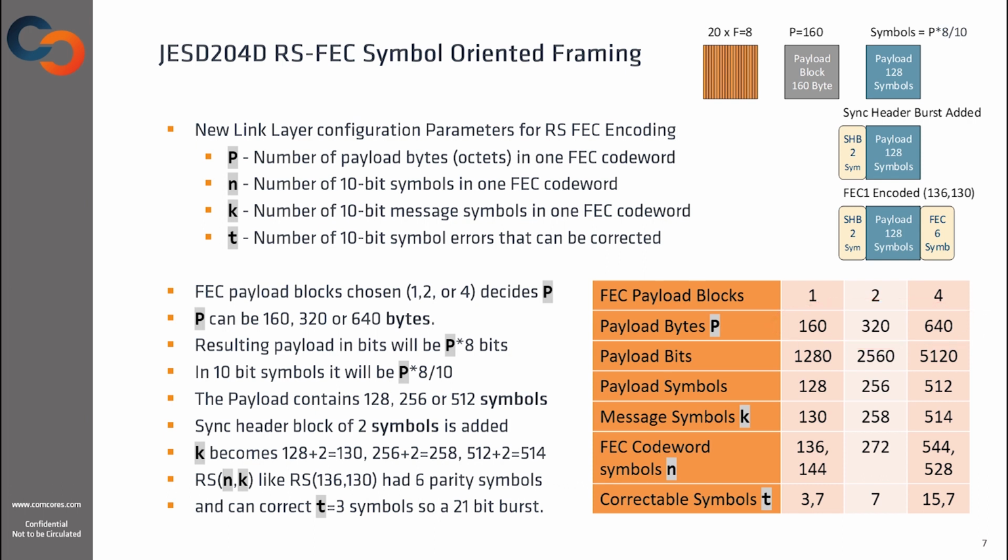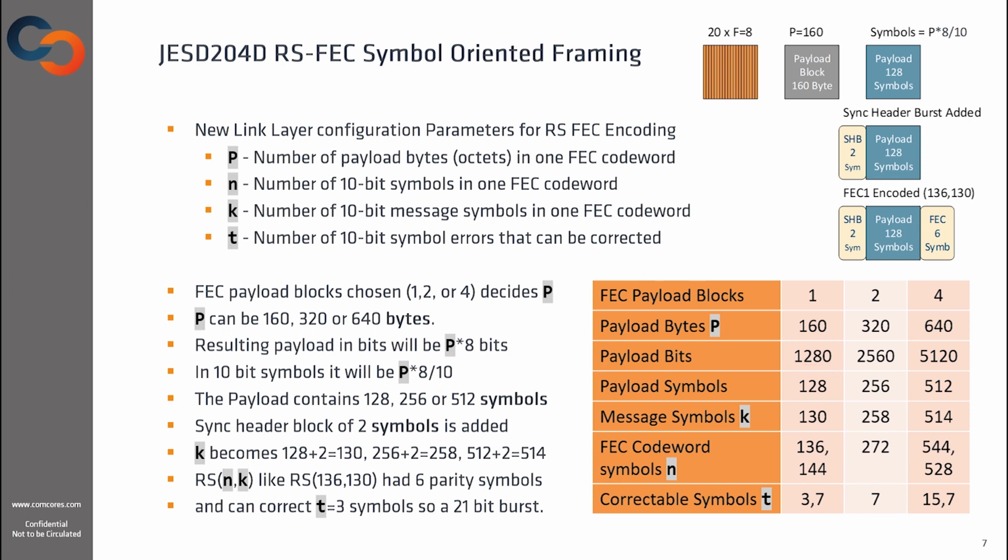And assuming a single payload block is 160 bytes, we can say the FEC code word will carry 1, 2, or 4 payload blocks. In the image on the top right, we are demonstrating a single payload block inside of a FEC code word. So 160 bytes or 1280 bits will be represented as 128 10-bit symbols for FEC processing.